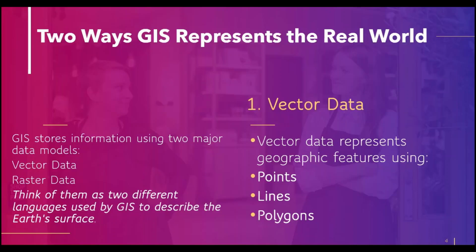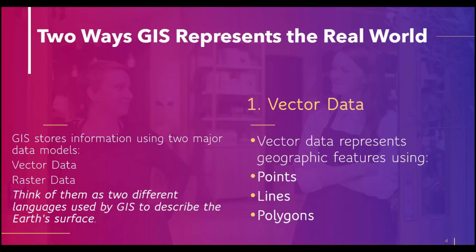So we're beginning with the vector data. Now, vector basically represents geographic features using three items: points, lines, and polygons. So when you see data represented as points, lines, and polygons, you know it is what?